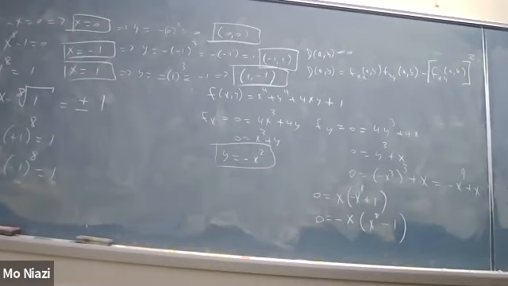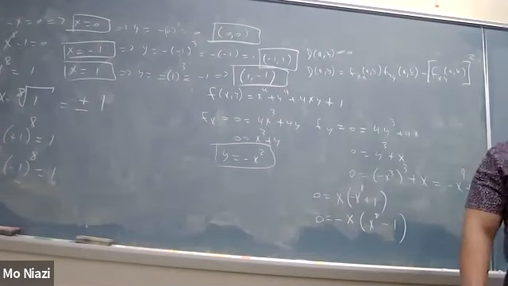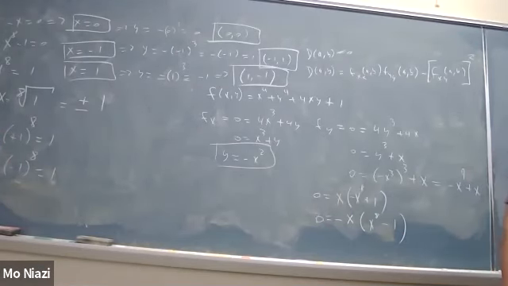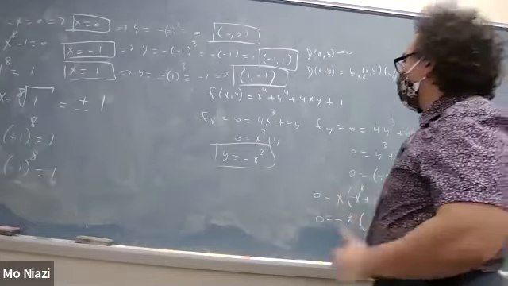Something messed up here. I got x equals 0, 1, and negative 1. So then for 0, I get 0, 0. For 1, 1 cubed, y should be negative 1. We get this, don't we?